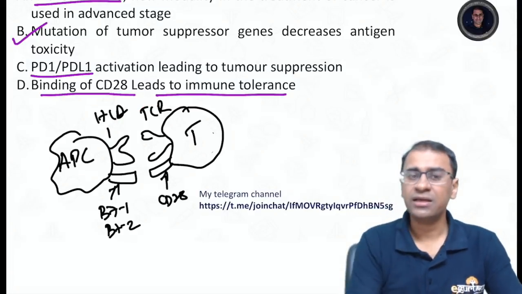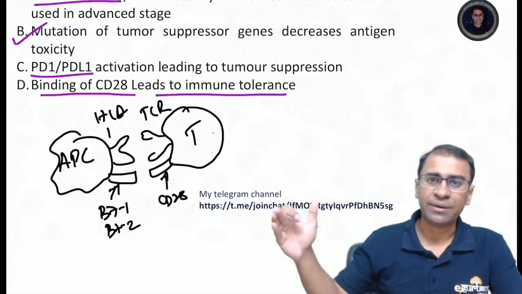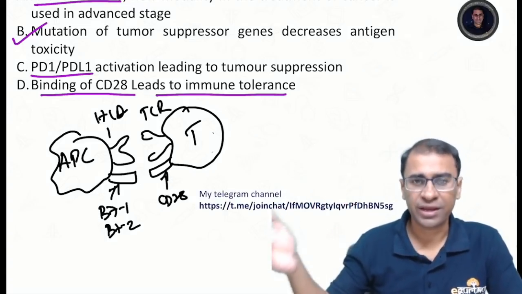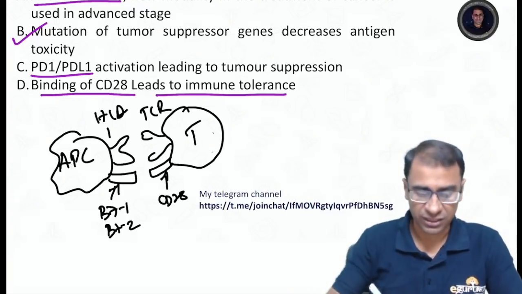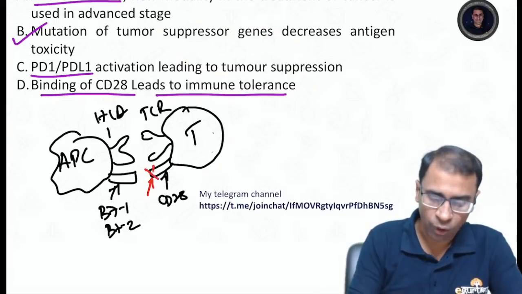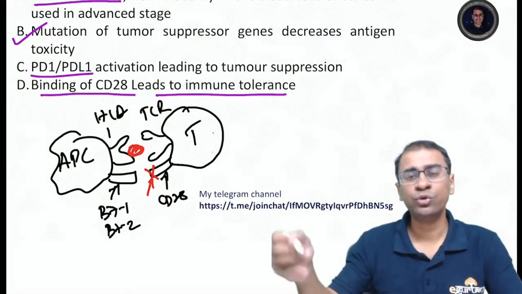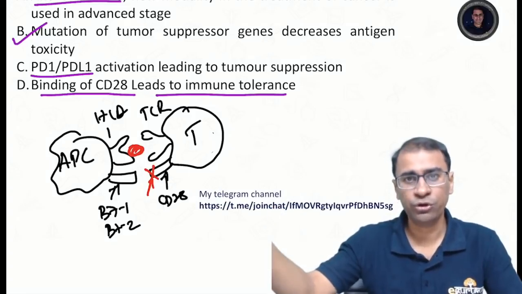Similarly, if there is a binding of CTLA4, then the antigen is not destroyed and it's called immune tolerance. So understand, if something binds here and blocks this, the T cell is not able to destroy the antigen, and hence it will lead to immune tolerance.